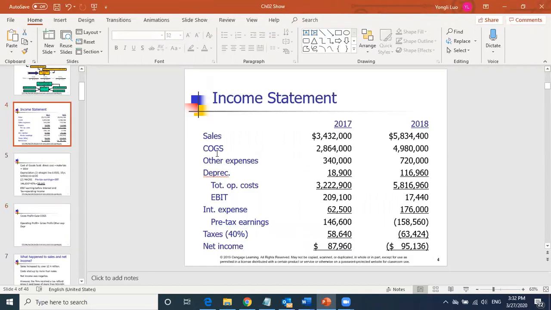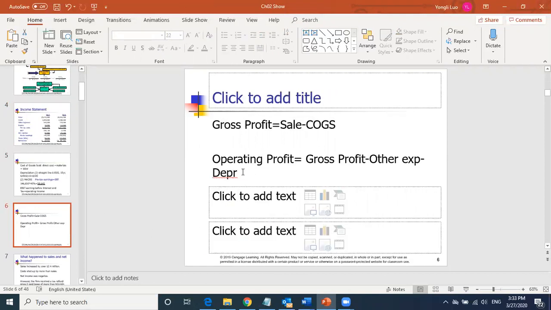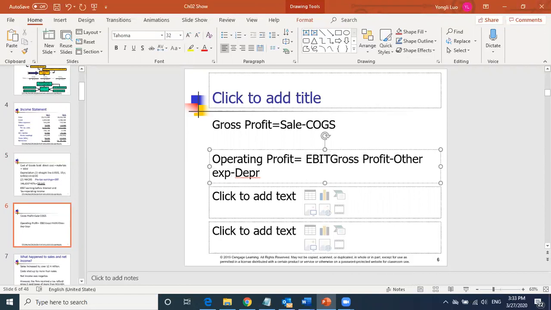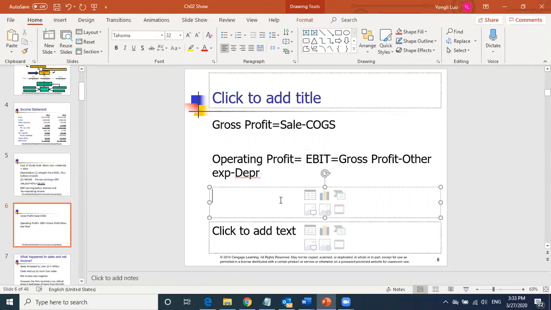You can see in this, other expenses and depreciation, that's your operating profit. Operating profit is also called EBIT. Then earnings before tax is your EBIT, or the operating profit, minus your interest expenses.